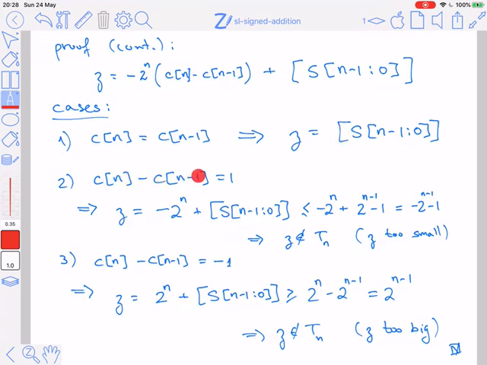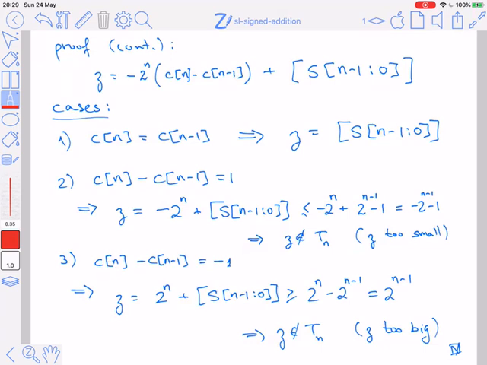If Cn minus Cn-1 is 1, then Z equals minus 2 to the power of n plus the number represented by S in 2's complement representation. This number is bounded by 2 to the power of n-1 minus 1. So I get that Z is less than or equal to minus 2 to the power of n-1 minus 1. This is too small. Z is not in Tn.